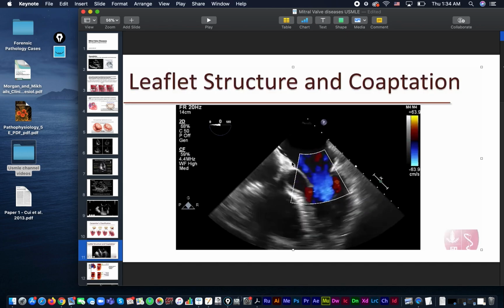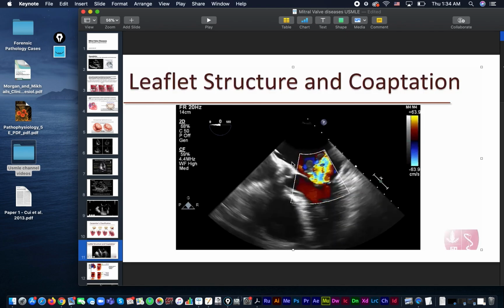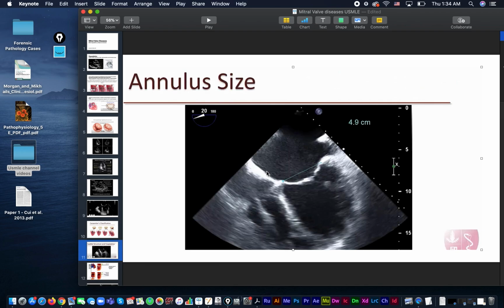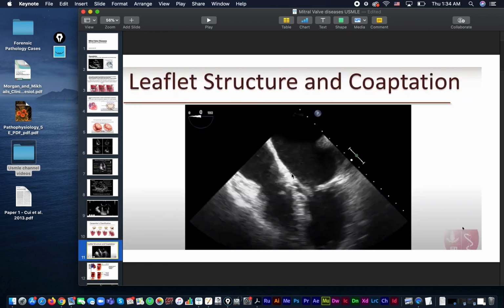Okay, so the color Doppler helps. You see all the blue going out? You can just tell that's more than 60%. So remember on the color Doppler, the blue at the bottom, don't confuse it with venous blood. The blue is arterial blood. So when you see all that blue going from the left ventricle back into the left atria, that's arterial blood, even though it's blue.